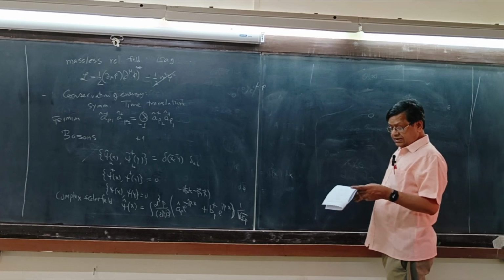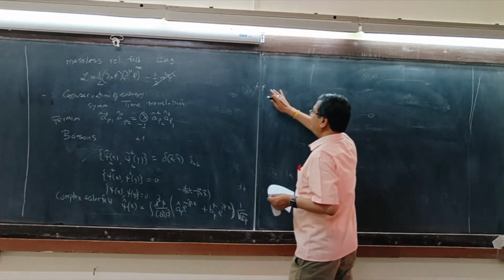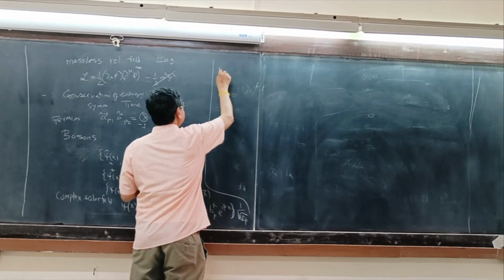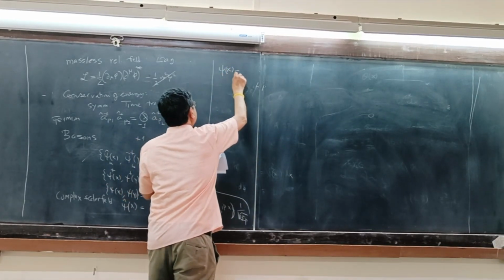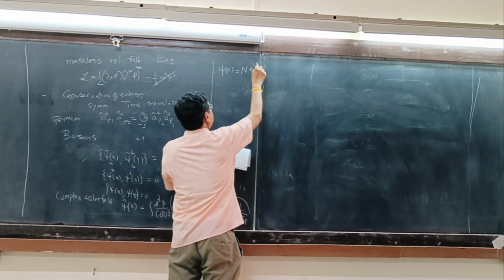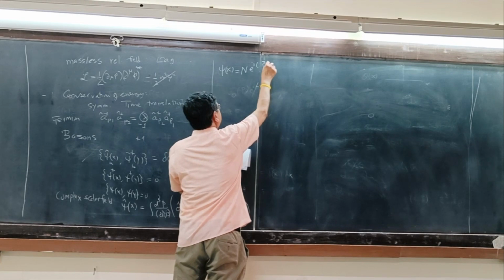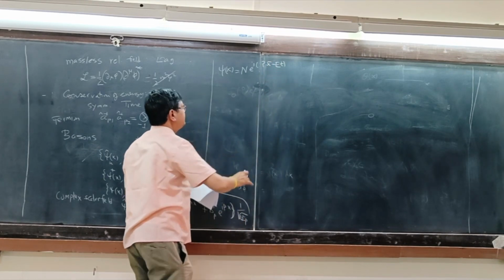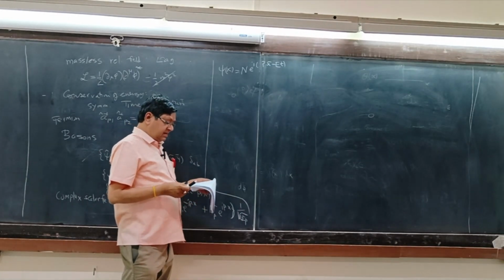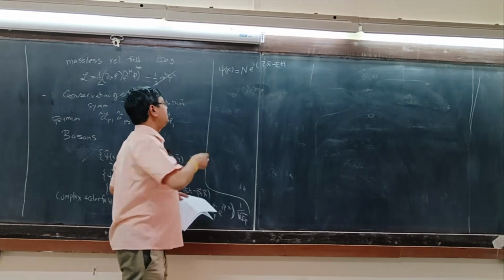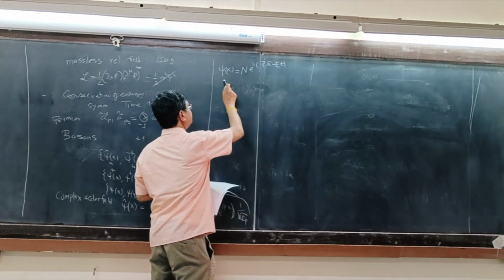Okay, now for the wave function, psi of x is n times e to the power i (p dot x minus E t). If this is a wave function, then the Noether current, first component. So I am interested in J0.